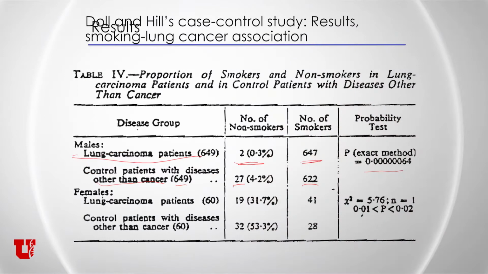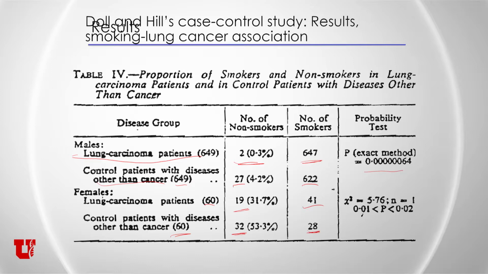Okay. Among the females, there were only 60 female lung cancer patients. Out of those, 41 were smokers and 19 were not. Among the 60 non-lung cancer controls among women, there were 28 smokers and 32 non-smokers. So again, in every group, cases and controls, we have some smokers and some non-smokers, but the proportions are somewhat different.